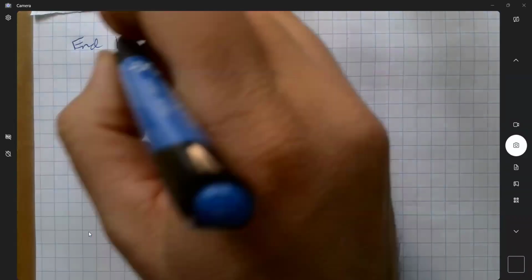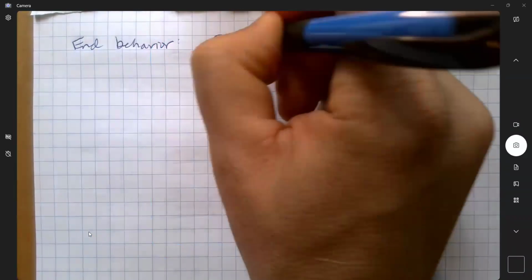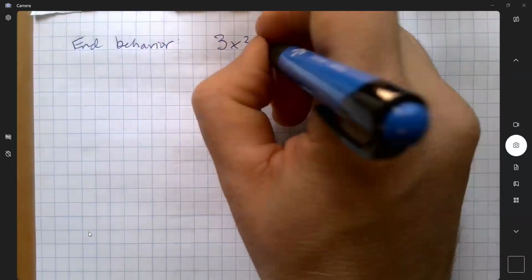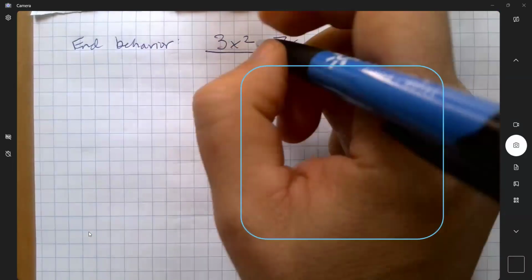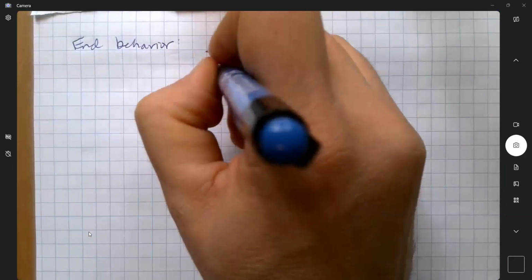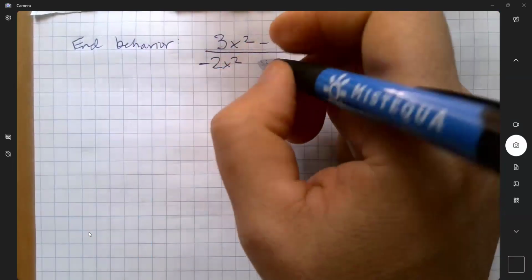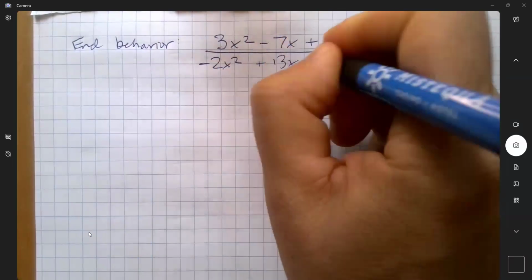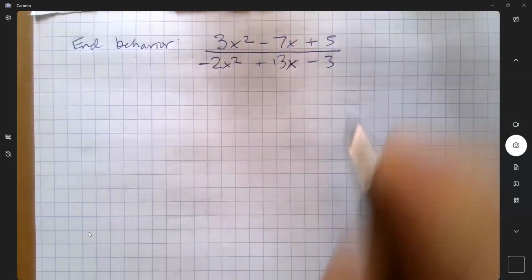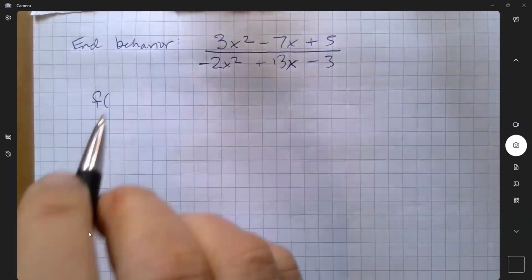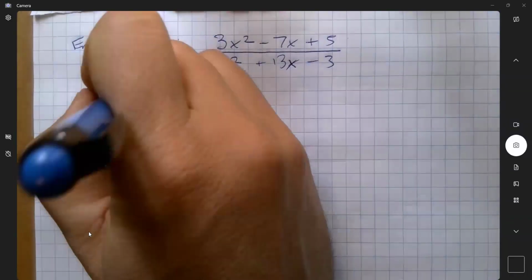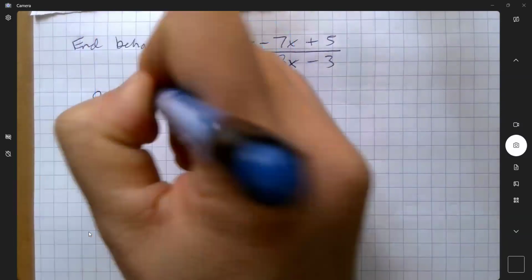Let's use the same function for this, 3x squared minus 7x plus 5 all over negative 2x squared plus 13x minus 3. And imagine you're looking for the end behavior, so you put in a really, really big input.